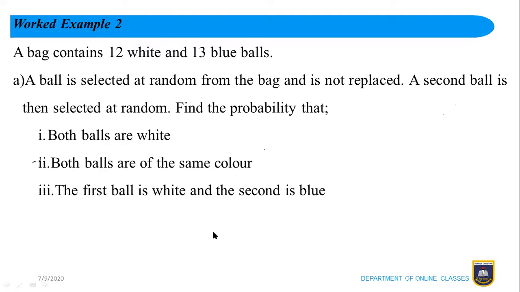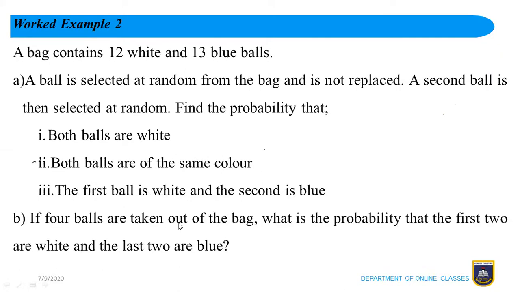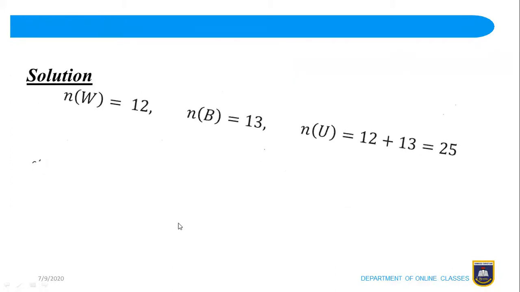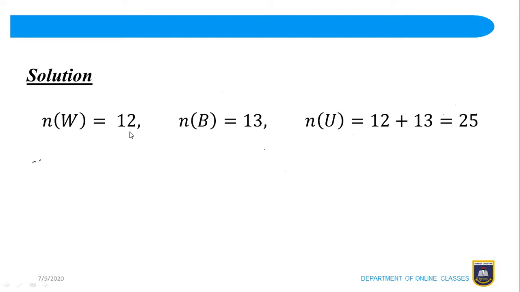That's fine. So let's look at the suggested solution. There is another question there. Solution: we know the number of white balls and blue balls is 12 and 13 respectively.